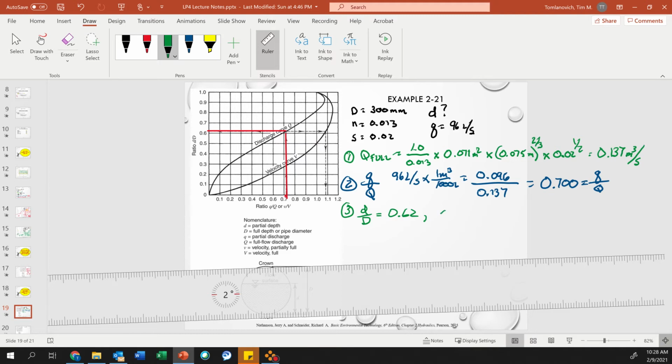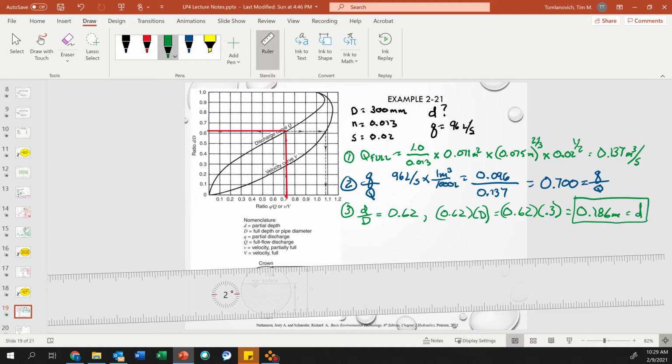Okay, so now we know we got to find little d. So we can take 0.62 times my diameter of my pipe, and that equals 0.62 times 0.3, and that equals 0.186 meters, or is my depth of flow, d, or 186 millimeters.